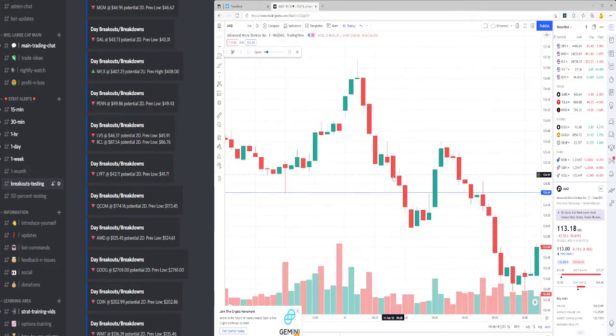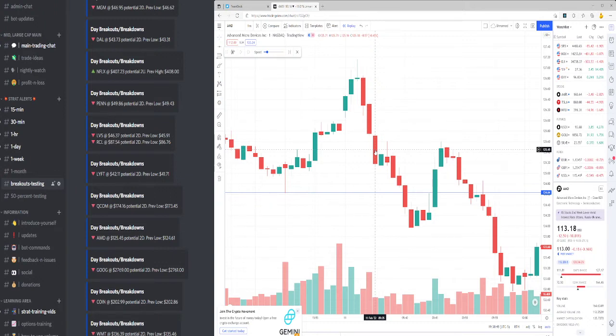On this candlestick, the bot sent a notification to the Discord server saying that AMD had some pretty solid 2 down potential. The current price at the time was 125.45, right around the halfway point of that 1 minute candle, where we got notified that this had 2 down potential.